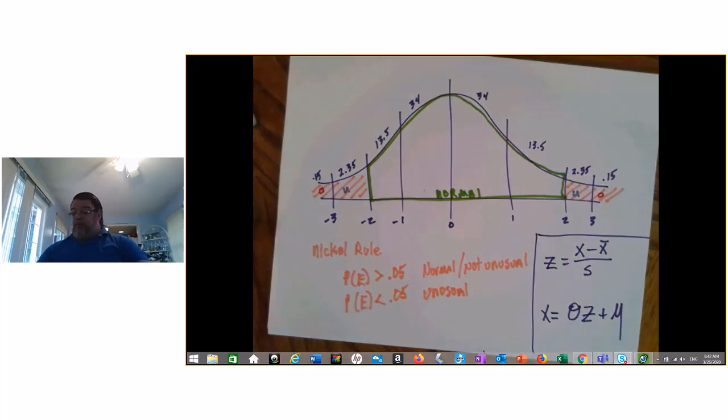The reason I use Oz plus mu and I don't use x is equal to S times Z plus x bar is because I can remember Oz plus mu a whole lot easier. You see what I'm saying? Everybody knows what Oz is, Wizard of Oz, and you can remember Oz plus mu.